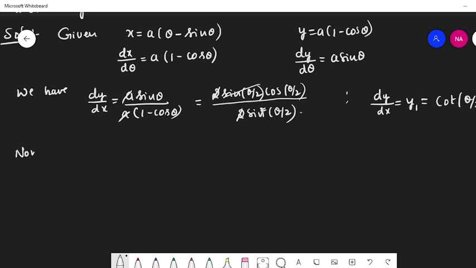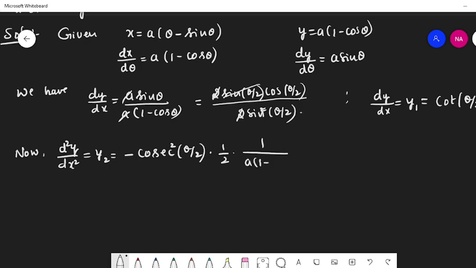Now d square y by dx square, that is y2, equal to derivative of cot, minus cosecant square of theta by 2 into 1 by 2 into d theta by dx, that is 1 by (dx by d theta), that is 1 by a into (1 minus cos theta).